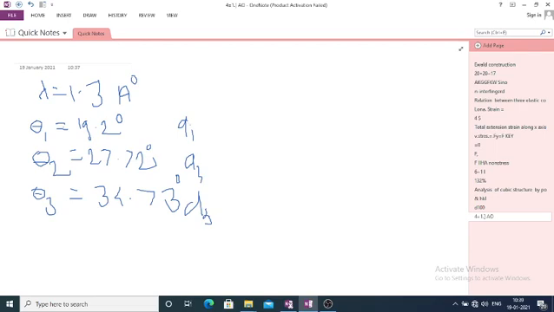To find the lattice constant A and interplanar spacing D for the set of parallel planes, we can determine sin square theta upon n. We have lambda and d.